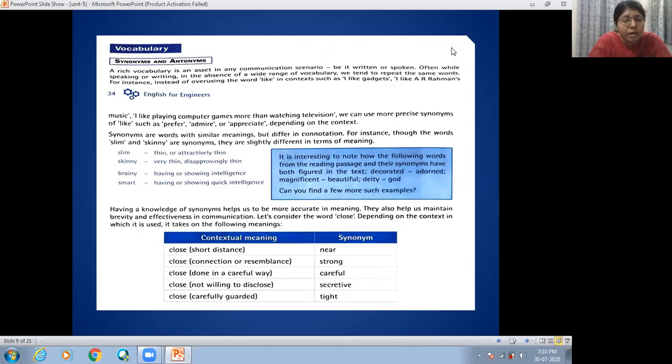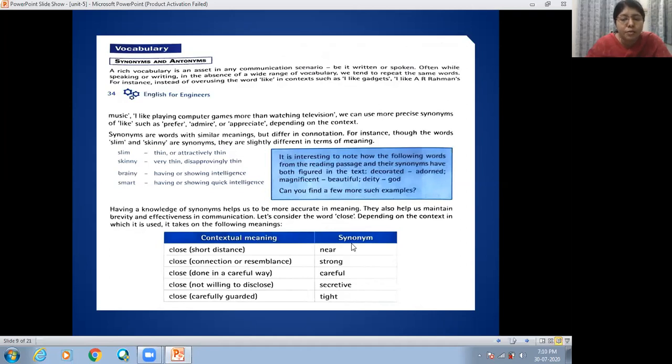Strong connection or resemblance. Next is close, done in a careful way. Careful, the meaning is careful. Again, close has another synonym, secretive. Not willing to disclose. Next we have close or carefully guarded. That is tight. So here we have the synonyms of the word close.